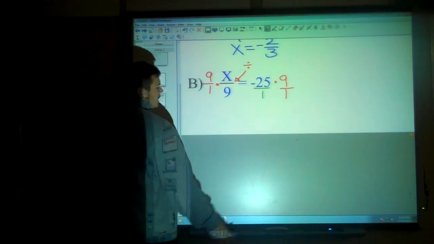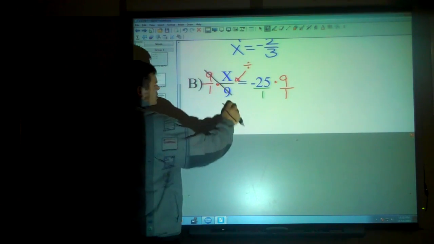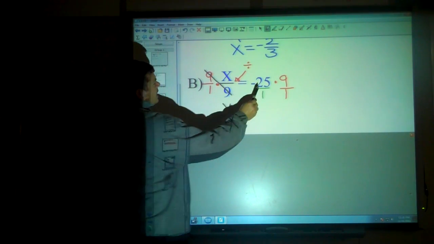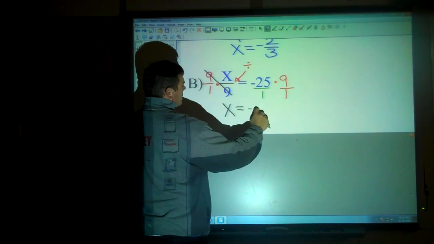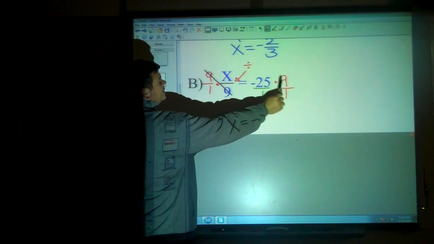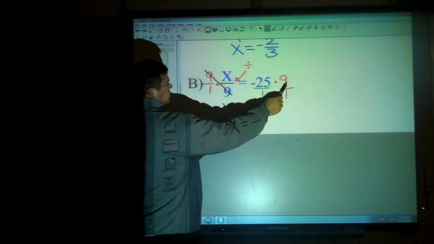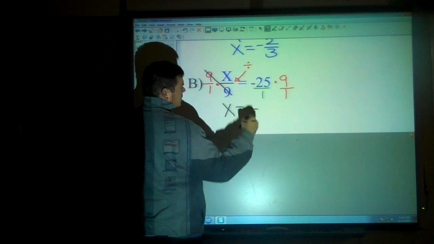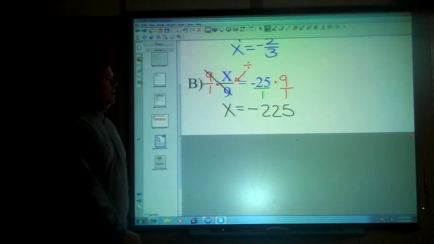You're still going to end up looking at the problem and saying, well, those 9's cancel out, so x is alone. And when I multiply the negative 25 times 9, I know a negative times a positive makes a negative. 25 times 10 would be 250. So that 9 is just one less than that, 25 less than that. It's going to make 225, so negative 225.